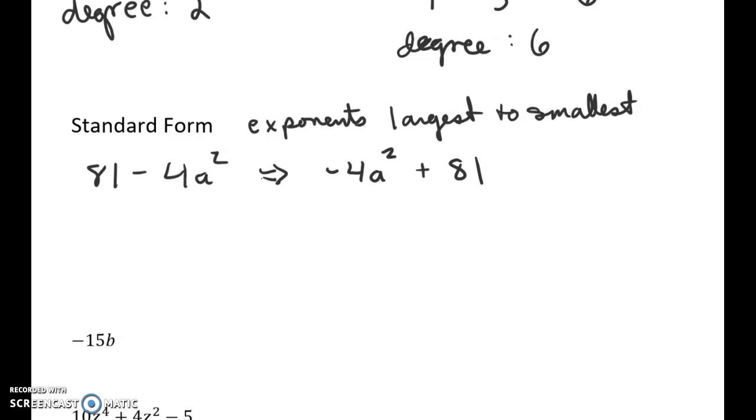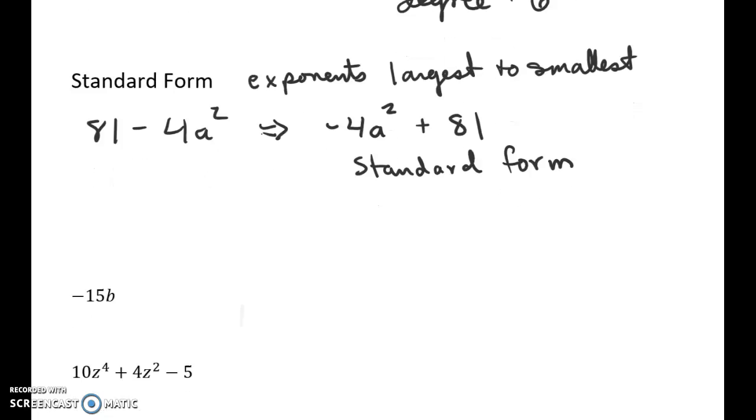And now it's in standard form. So you want the highest exponent first, and then you want them to go in descending order. Sometimes I'll just give them to you that way. Sometimes you have to rewrite them, put them in standard form. Now, when there's more than one variable, well, if we get to that, we'll talk about that.